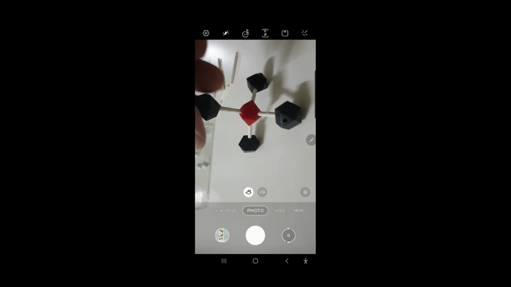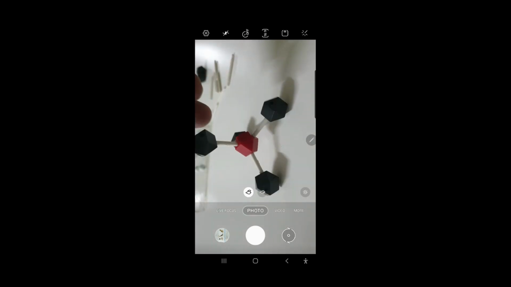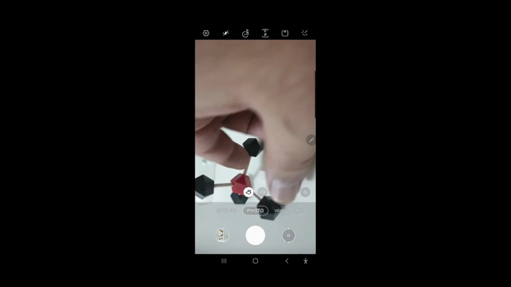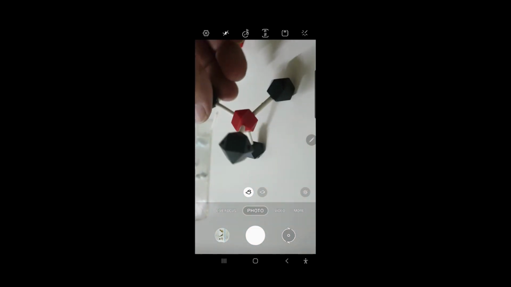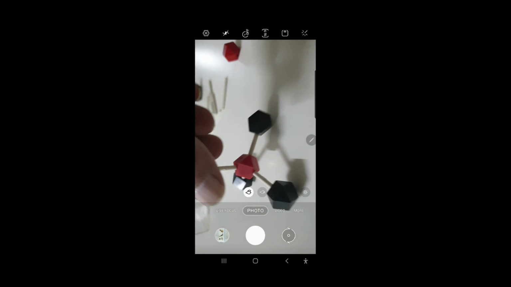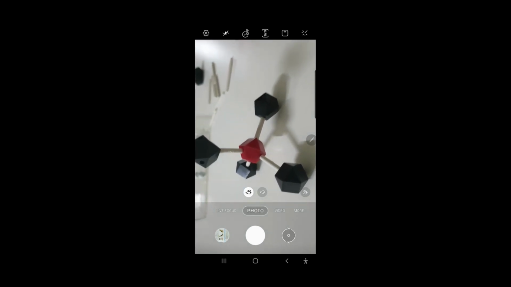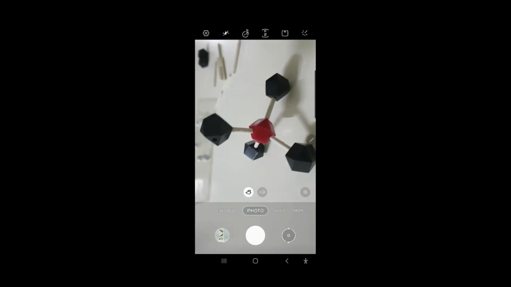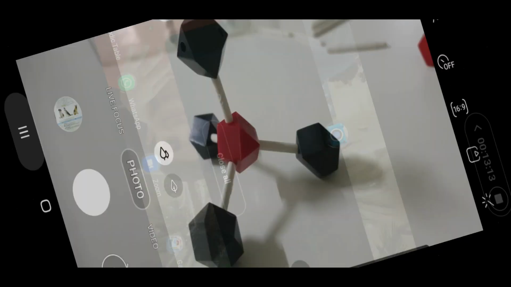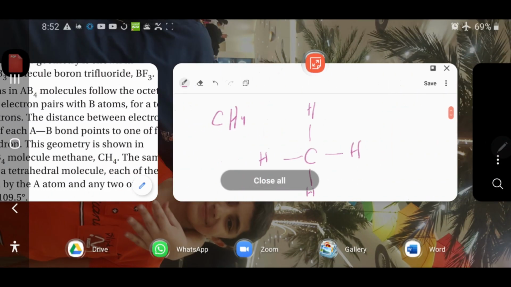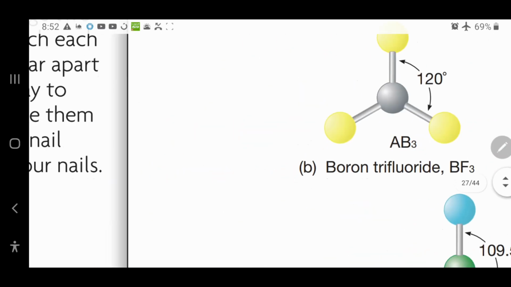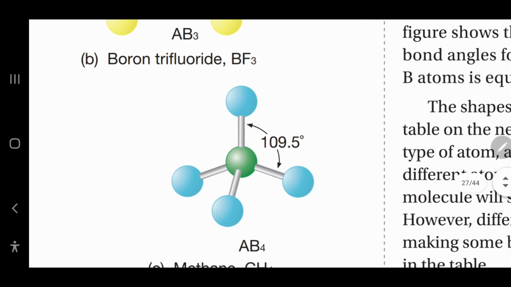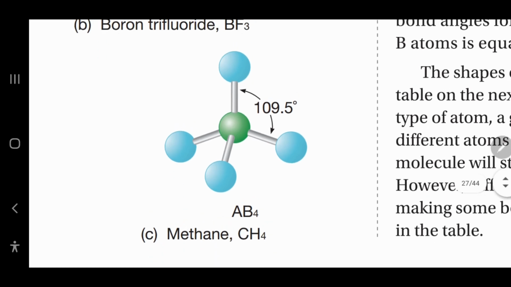You can flip it inside. We will have always the same shape and the same angles. It is a symmetrical shape. And the angle between the atoms will be, as we can see here, 109.5, like methane.